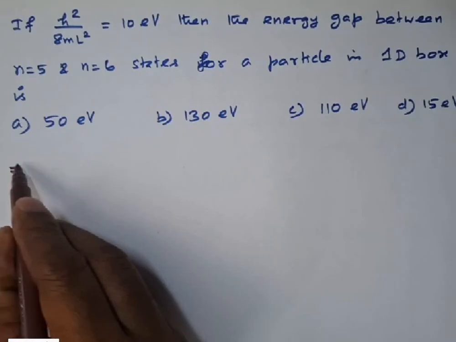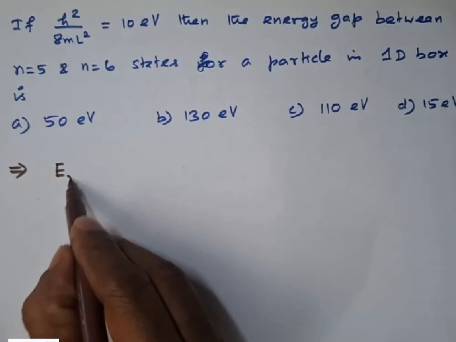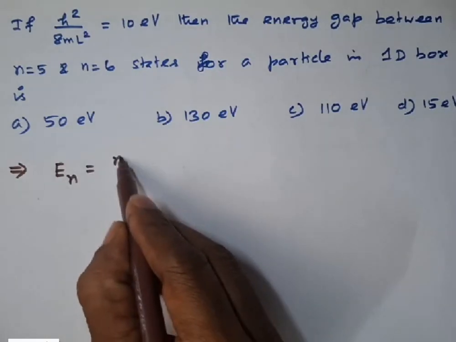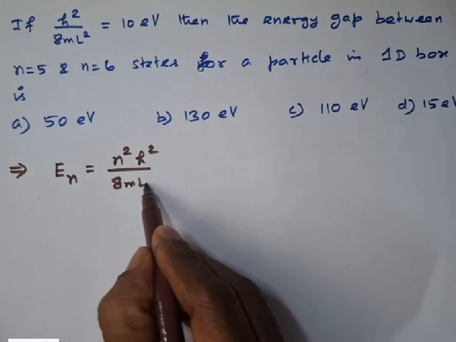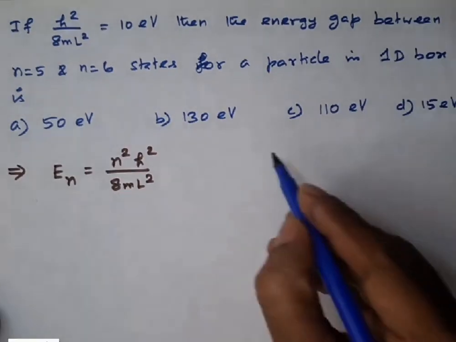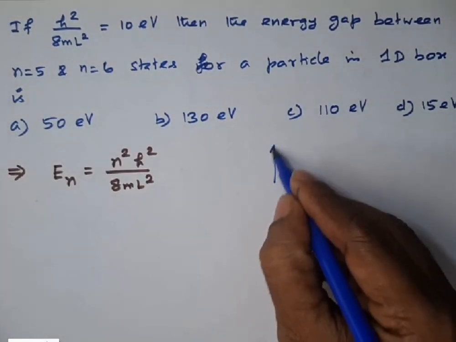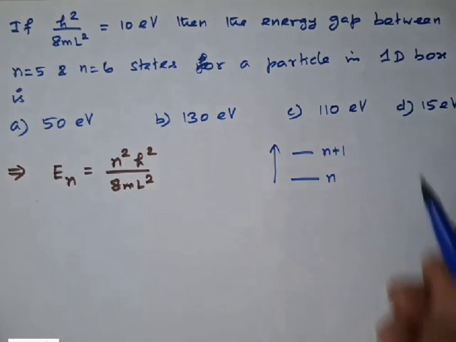You know very well, for a particle in a 1D box, the energy formula is En equal to n square h square over 8ml square. Then suppose I take two adjacent states, say the nth state and the n plus 1 state.